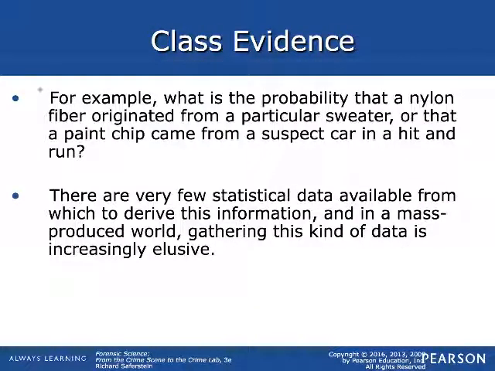Okay, so here's some examples. What's the probability that a nylon fiber originated from a particular sweater or that a paint chip came from a suspect car in a hit and run? It's really hard to use statistics to derive this probability data because there are so many different things. I'm thinking about how many kids right now are wearing Converse tennis shoes, or Vans, or Uggs.